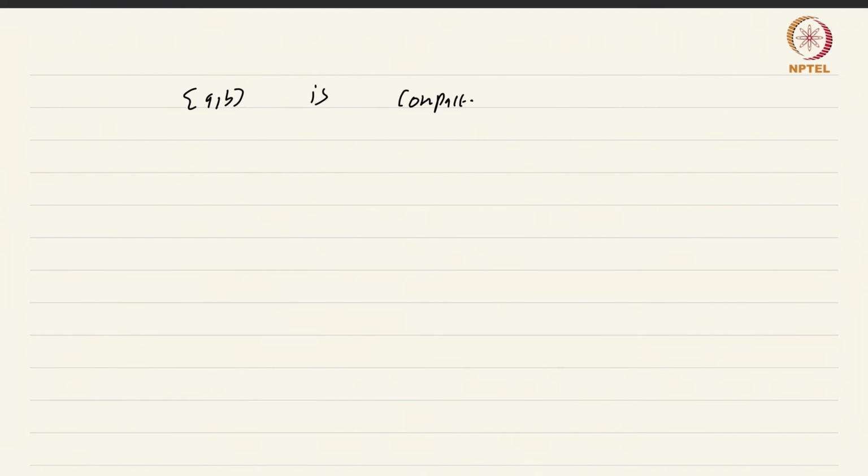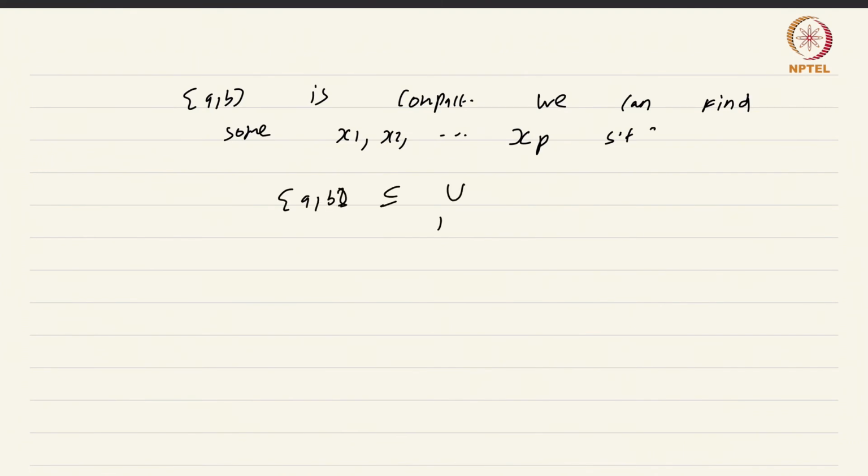This means we can find some x1, x2, ..., xp such that AB is a subset of the union for i equals 1 to p of B(xi) and the union of some subcollection of these Fj's. So I can say the union for j running from 1 to some q of Fj.